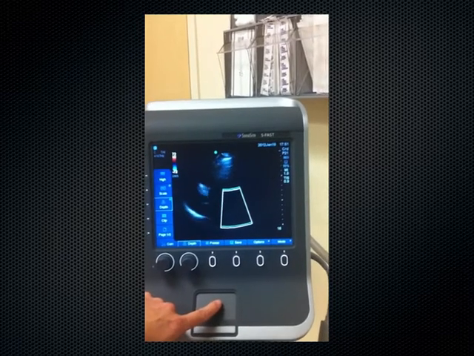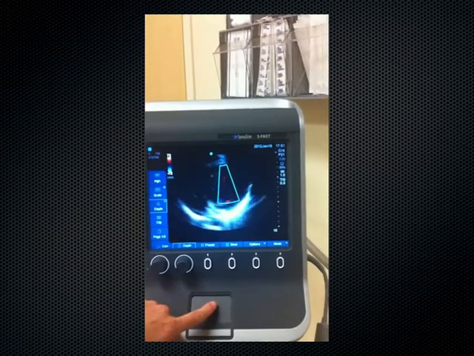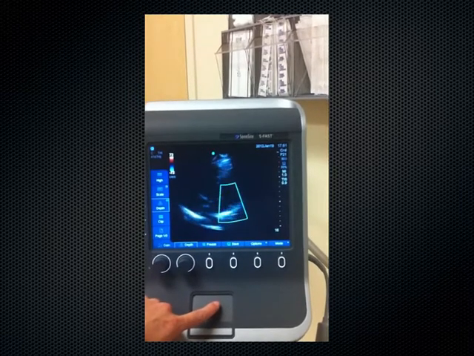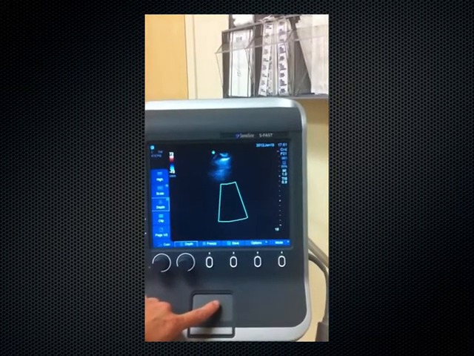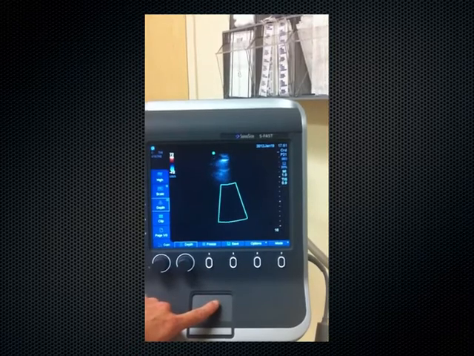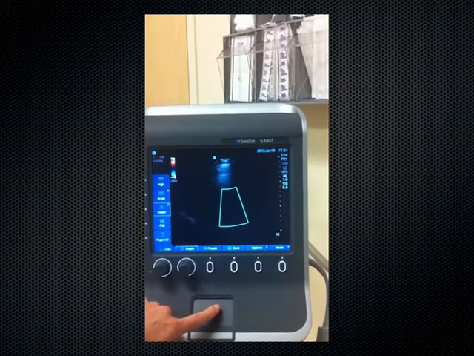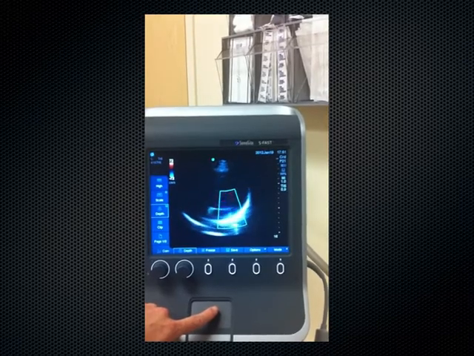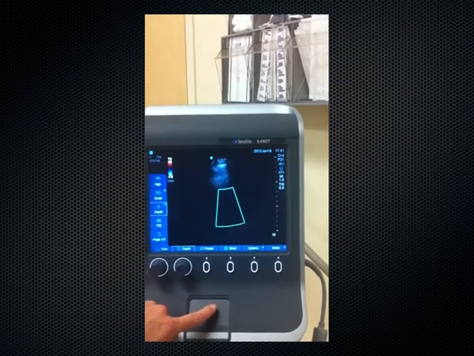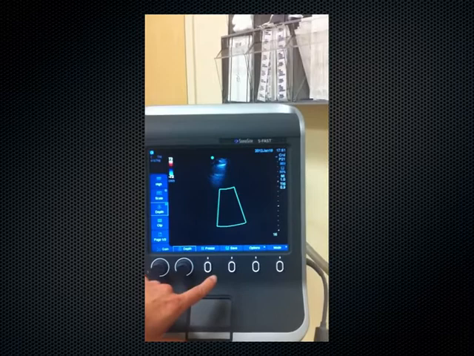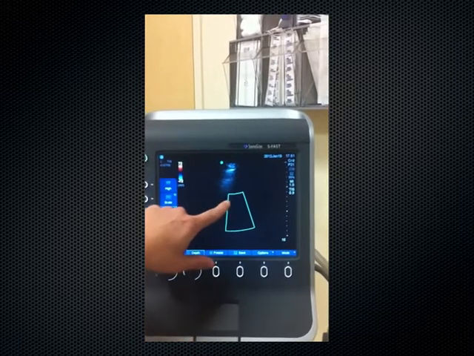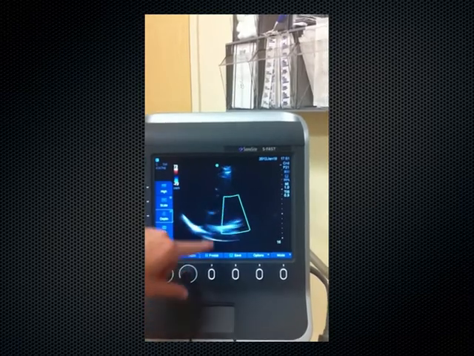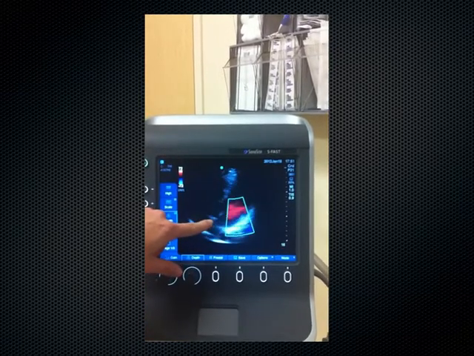Breathe out, Kevin. And what we'll see is flow through the mitral valve. What you see also here is the aortic outflow tract, and that's actually a 5-chamber view right here.